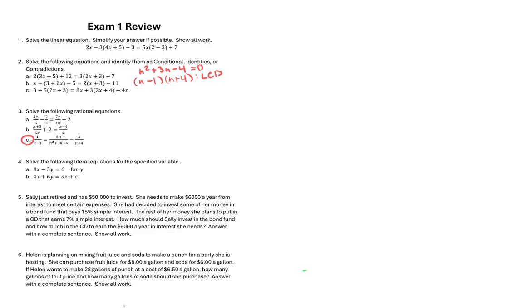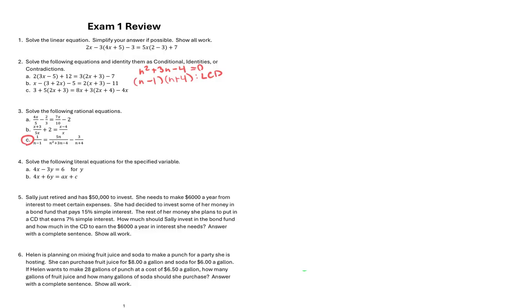So then I want to make all of my terms have that same denominator so that I can effectively get rid of it. Looking at my first term, my least common denominator is n minus 1 times n plus 4. I notice in my first term, I only have an n minus 1 in the denominator.